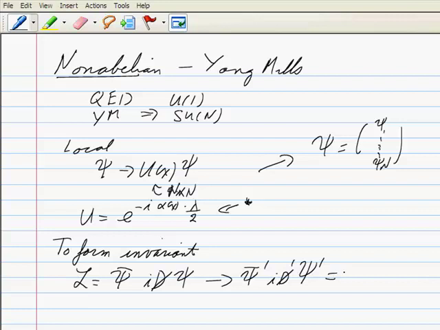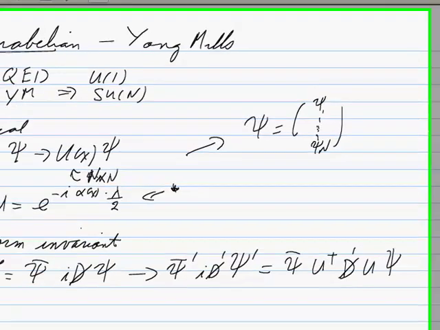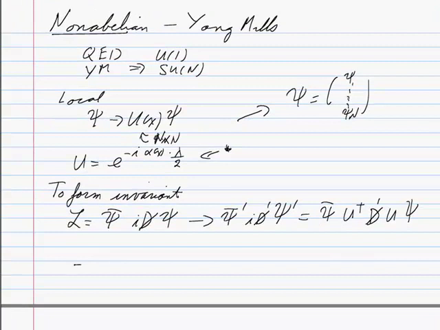We know the psi primes, so this becomes psi bar U dagger d slash prime U psi. So this tells us that our goal is to write d slash goes to d slash prime, which is U d slash U dagger.